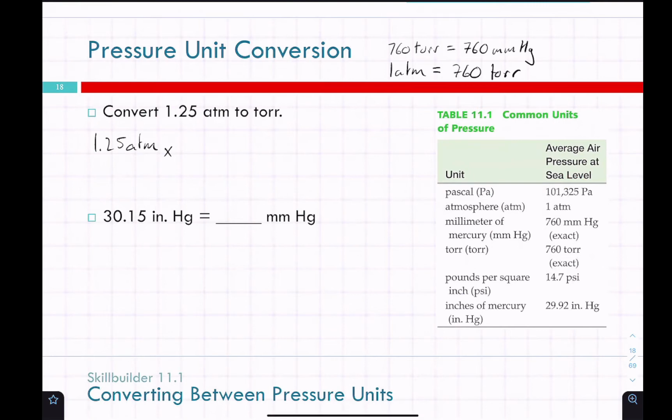So we say 1 atmosphere, 760 torr. So then the units cancel out. So 760 times 1.25 equals 950 torr.